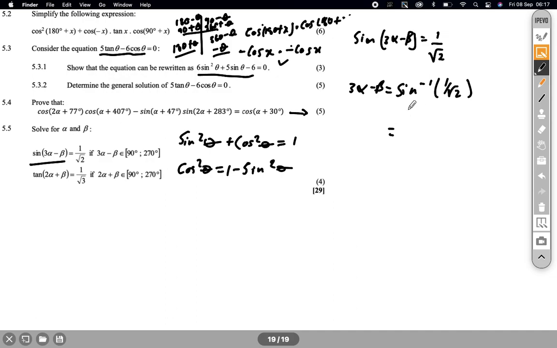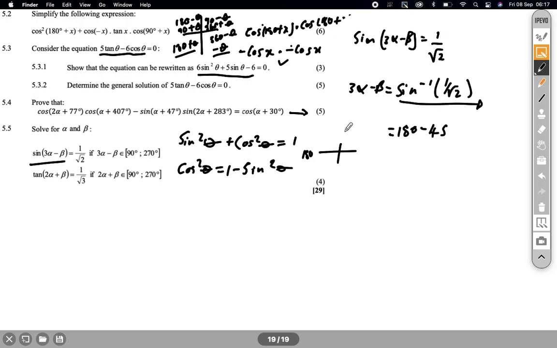But now, what you need to remember is that they said this should be between 90 and 270. And sine is in the second quadrant, and here it's 180. So you have to say 180 minus 45. So this 45 comes from arc sine of 1 over square root of 2.